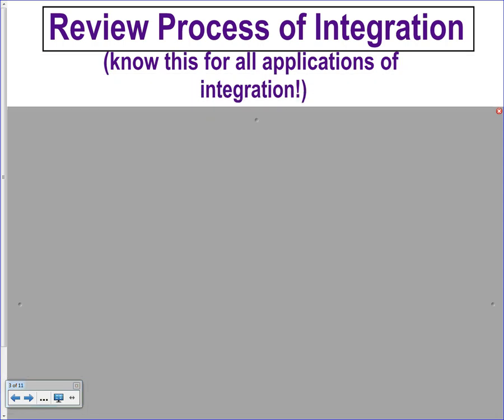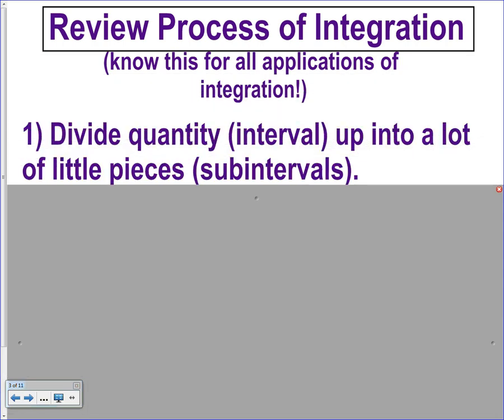The very first thing that you do in an unfamiliar context is you take whatever region or idea you have and you divide it up into a lot of little pieces, or subintervals, like we did for area. We chopped up the x-axis into a variety of delta x's. Well, not a variety, they were all the same for us, but it could be a variety in the theory of the integral.